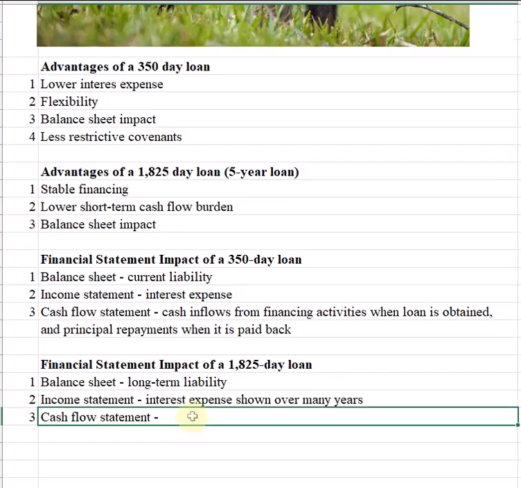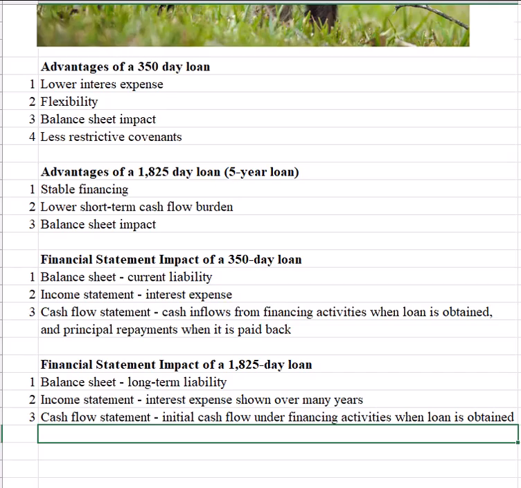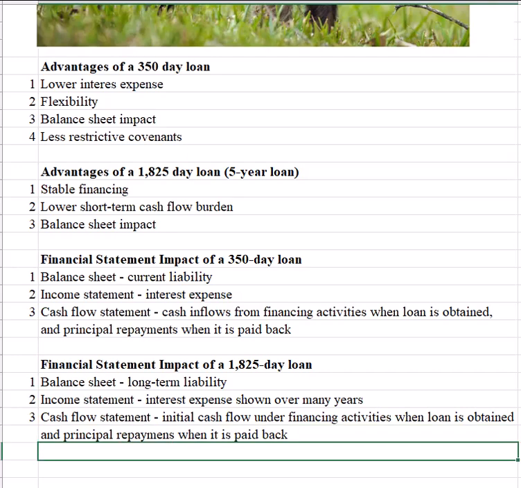But on the cash flow statement, you're going to have an initial cash inflow under financing activities. That's when the loan is obtained. So no difference there. And you're going to see principal repayment when it is paid back, a cash outflow. Again, that would appear under financing activities on the cash flow statement.